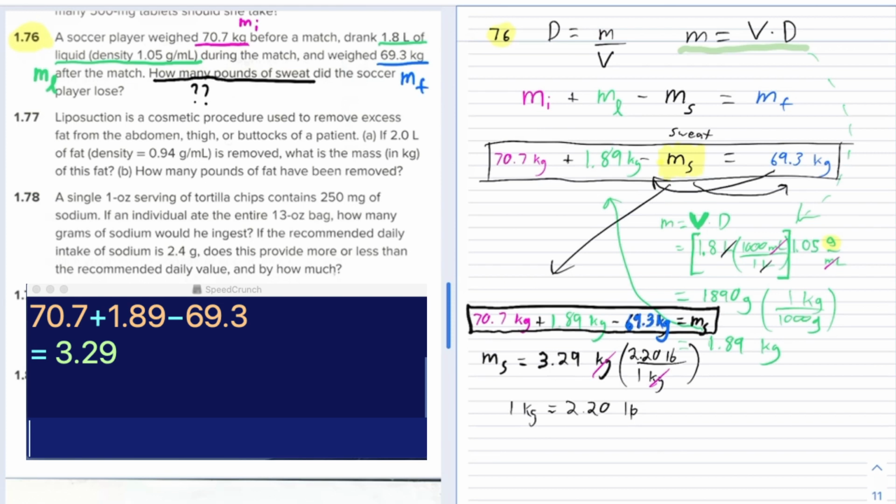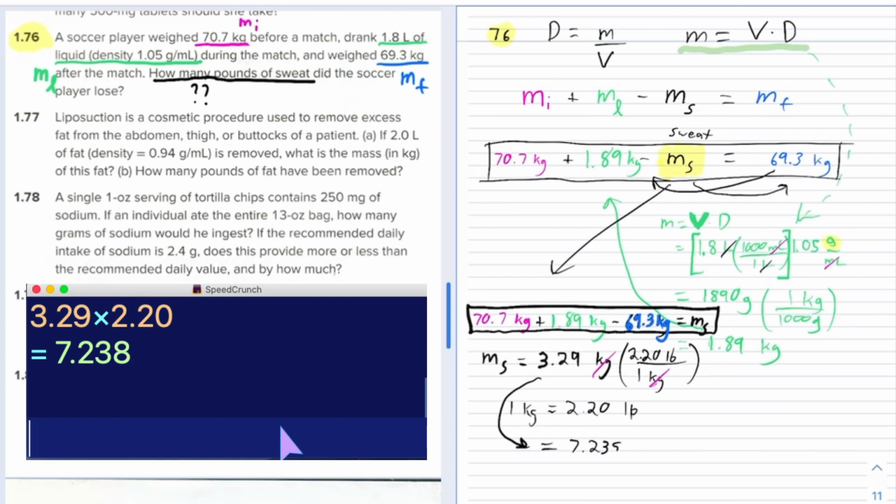And then this is going to be equal to, let me punch this in, 3.29 times 2.20, 7.238 pounds.